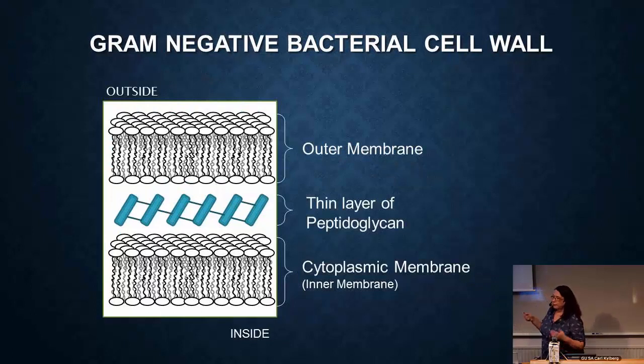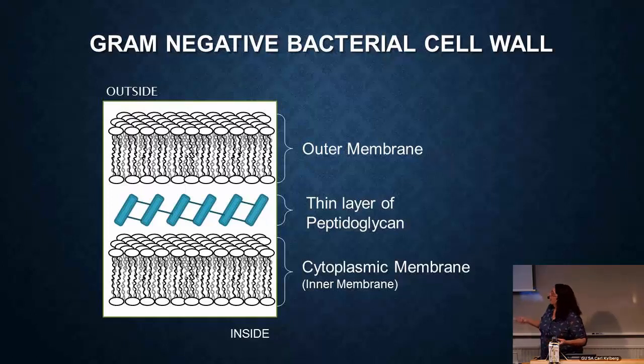On the other hand, Gram-negative bacteria have a completely different structure. Here's the inside of the cell. They have a membrane, just like the Gram-positives. And then they have peptidoglycan, but only a very thin layer of it. It's still very important for the shape of the cell, but it's only a thin layer.